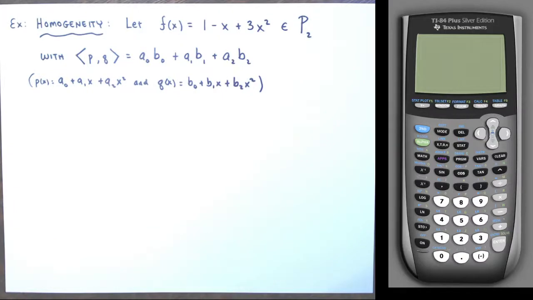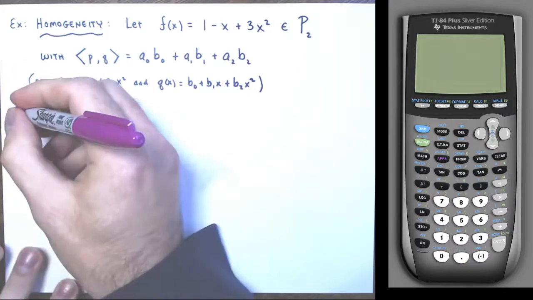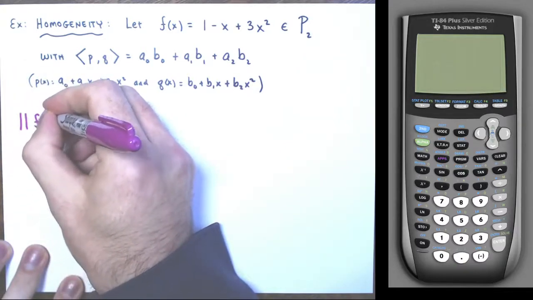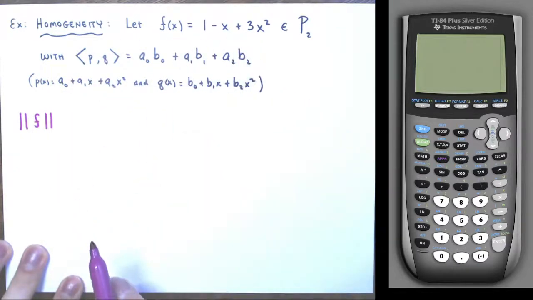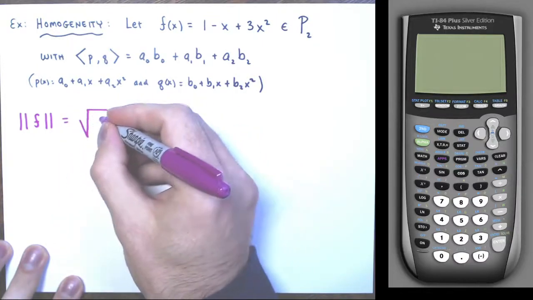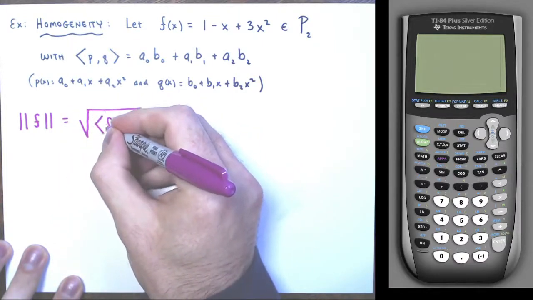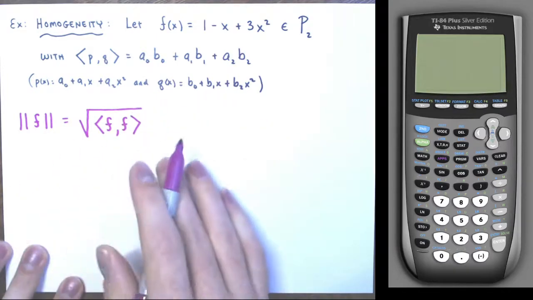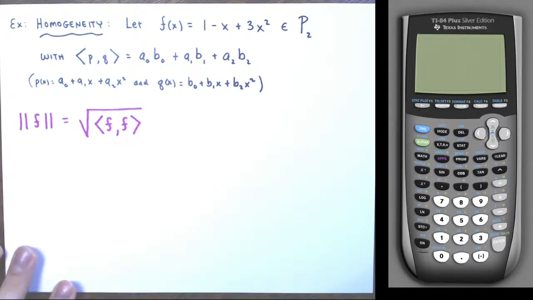Let's find the norm of f under this inner product. What's the norm of my polynomial f of x up there? Again, this should be the square root of the inner product of f with itself. Always using this. This is how the norm is defined for any inner product space.